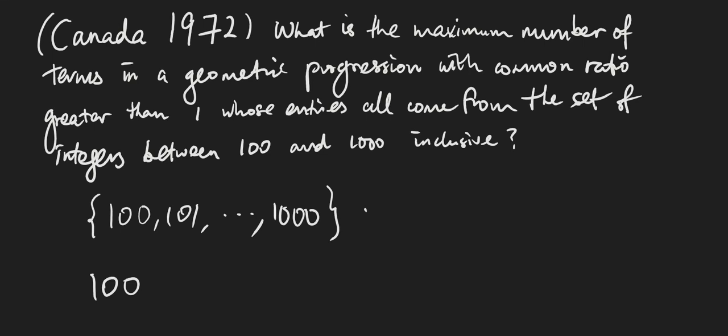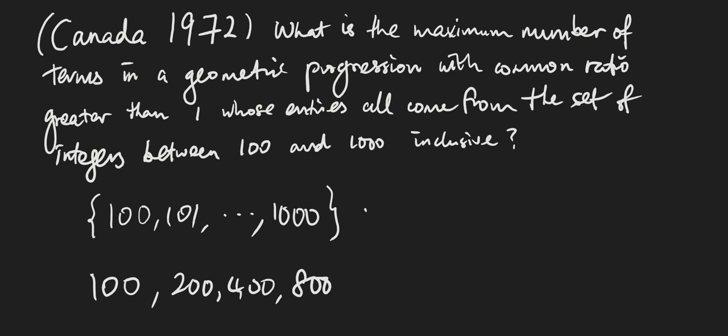But we'll see that that's not the case. Let's say 100, and r equals 2. Then we have 200, 400, 800, and it ends there, which is quite short.